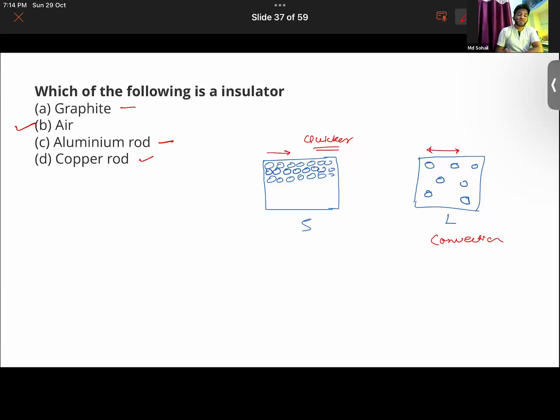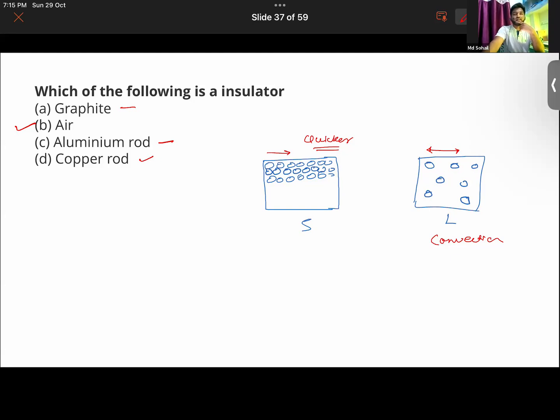So thereby it will take more time than a solid to become hot. Getting it, Tehseen and Abdul? Yes, sir. Solid takes more time. No, liquids take more time.